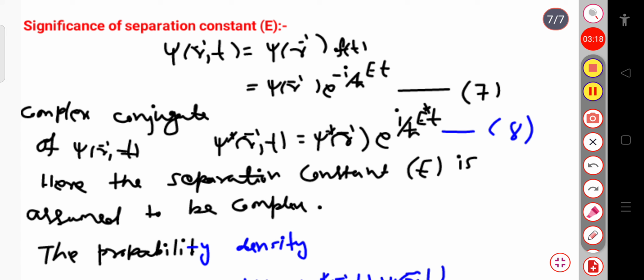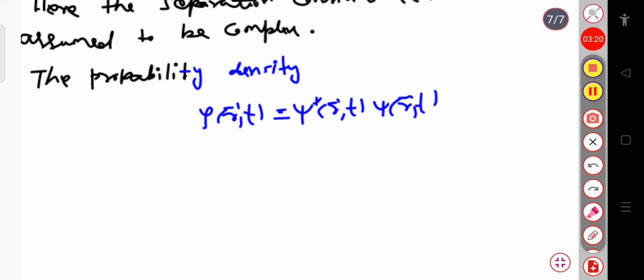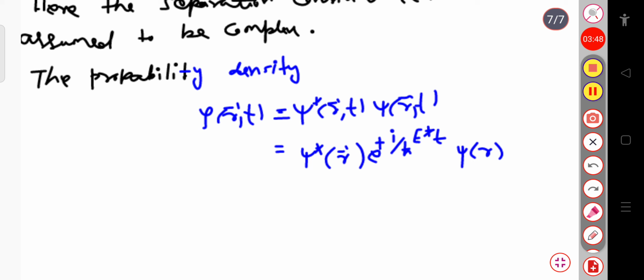in place of psi star of r,t, psi star of r into exponential plus iota divided by h cut into E star t, and in place of psi of r,t, psi of r into exponential minus iota divided by h cut into E into t.